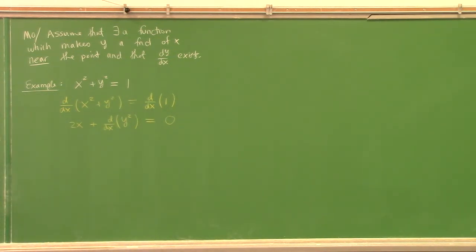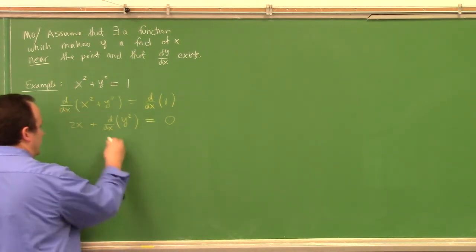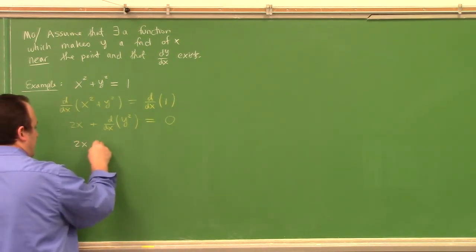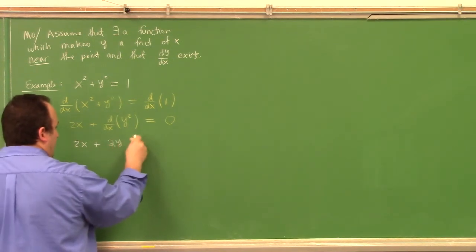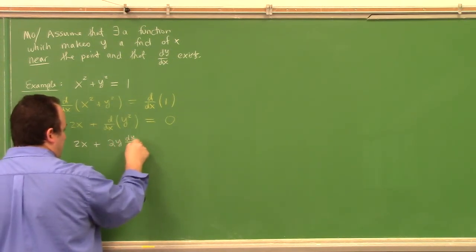So what do I have to use when I'm differentiating y squared with respect to x? Remember I was talking at the start of class, when we differentiate an expression where the letter inside the expression is different from the differentiation variable, we have to use the chain rule, right? So this gives me 2x plus 2y times dy dx by the chain rule.